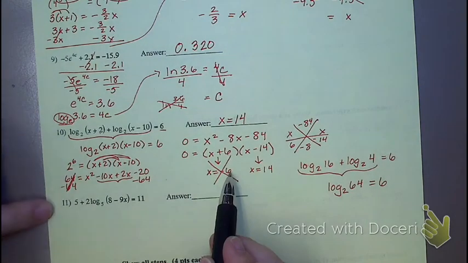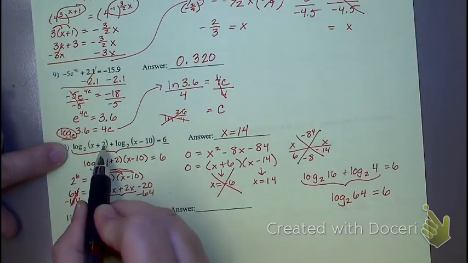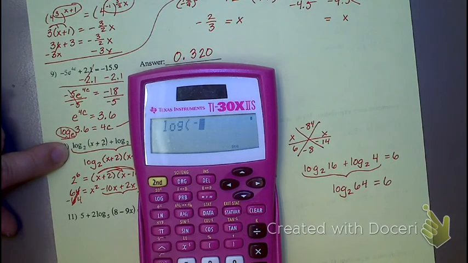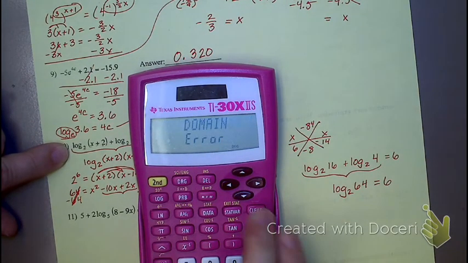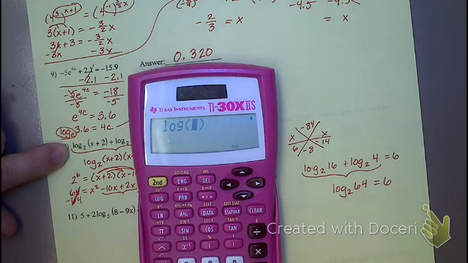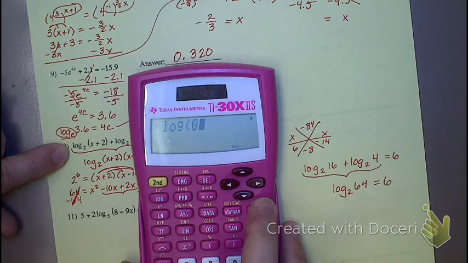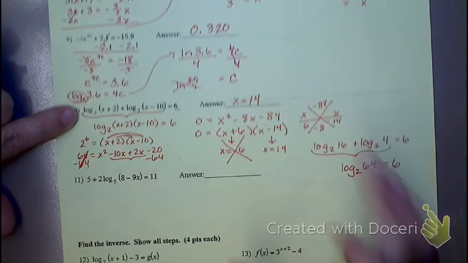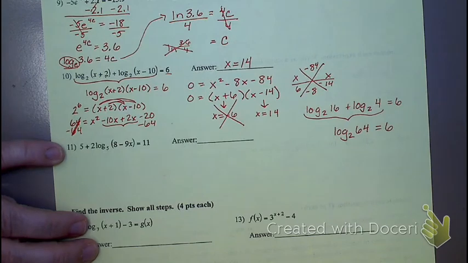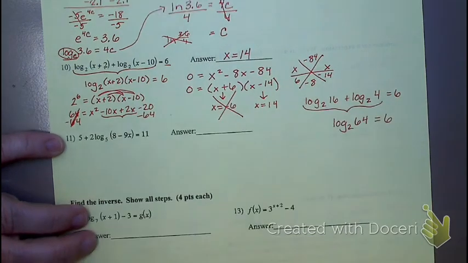Again, negative 6 doesn't work because negative 6 plus 2 is negative 4, and I can't do a log of a negative number. I also can't do the log of 0, and I think that came up on an assignment the other day, but log of 0 also does not exist. Only numbers greater than 0.